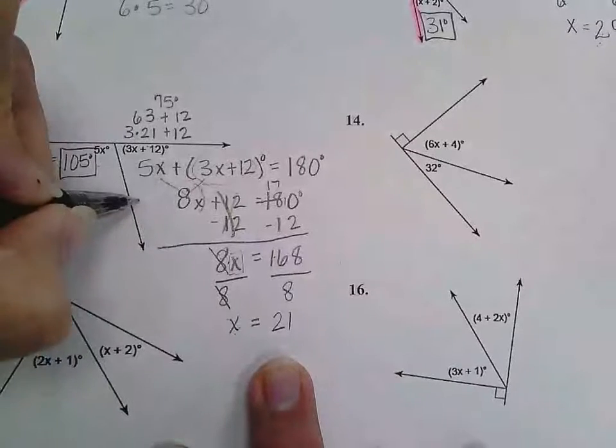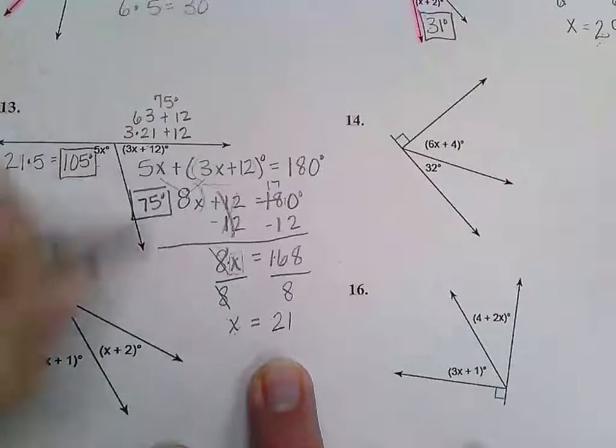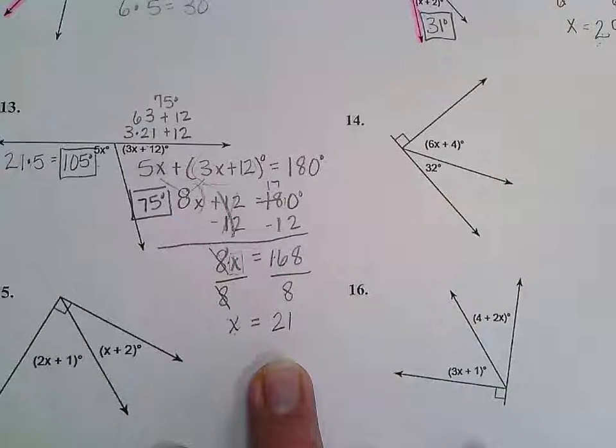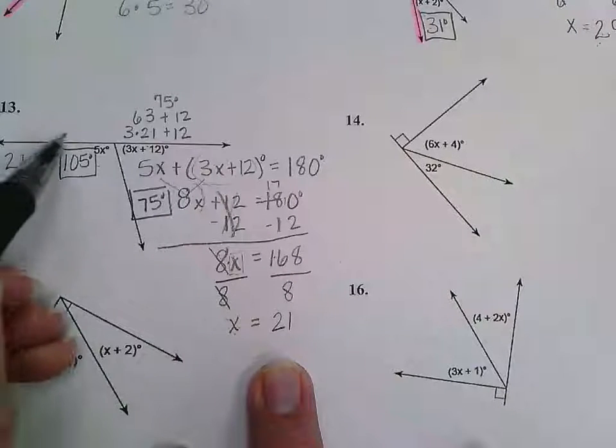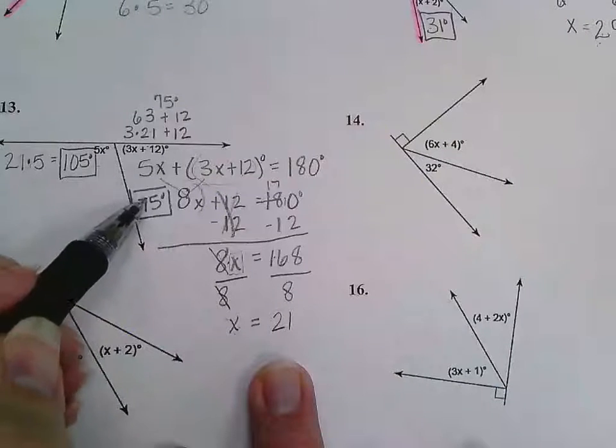So this angle measure is 75 degrees. And that makes sense to me. This angle looks a little bit bigger than 90, and this one looks a little bit smaller than 90.